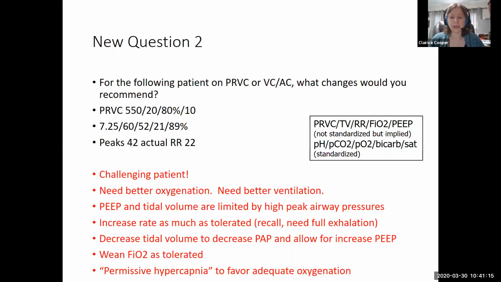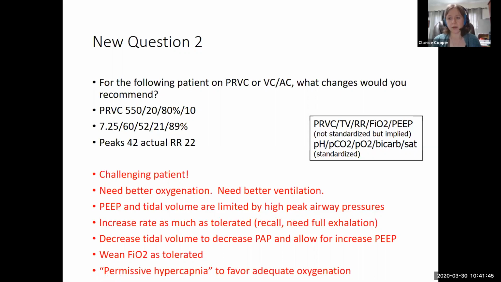And the second problem is typically with bivent, we tolerate some hypercapnia to favor oxygenation. But if the patient's already hypercapnic, this mode will most likely make them even more hypercapnic. So without getting into the details of bivent or APRV, those are some of the considerations you'd have to make before even getting there.